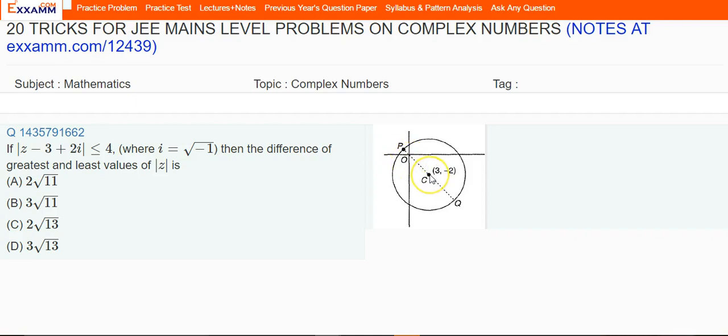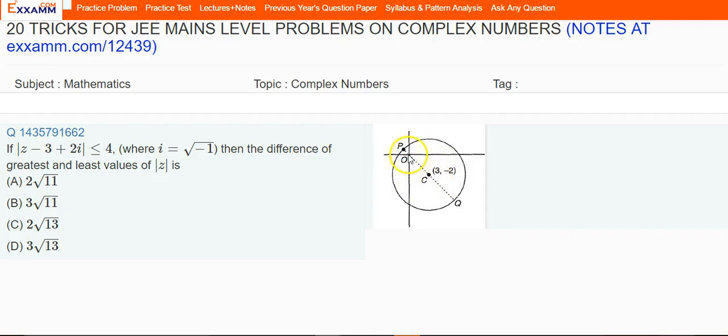So if this is the center and the circle will be passing somewhere here, the shape of the circle would be roughly like this. Now what are the greatest and least values of modulus of z? So z represents all the points on or inside the circle, as per this particular theorem and the definitions we have learned so far.